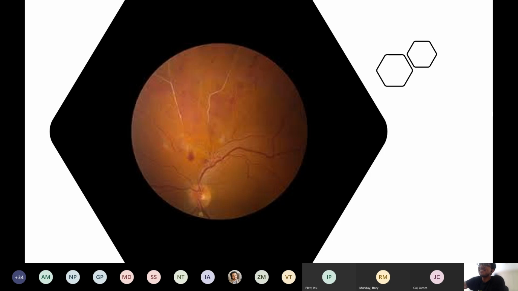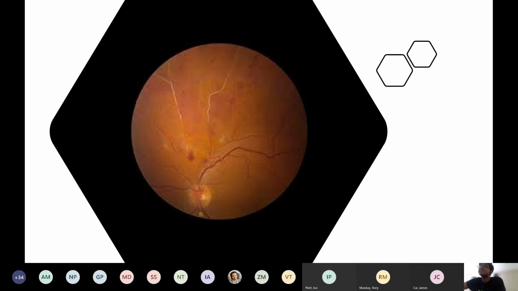Guess it is obvious to the trained eye. So this is copper wiring. You can see silver wiring is usually the term they use. The white lines in the top are blood vessels that have thickened due to the pressure. But if you see white lines on a retina, you should think about silver wiring, and you should think about, is this hypertension underneath?